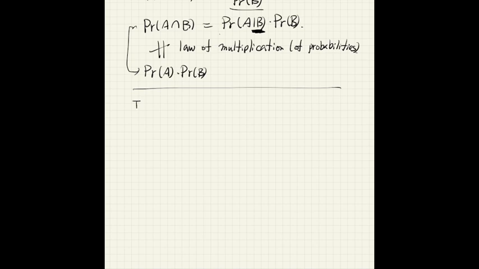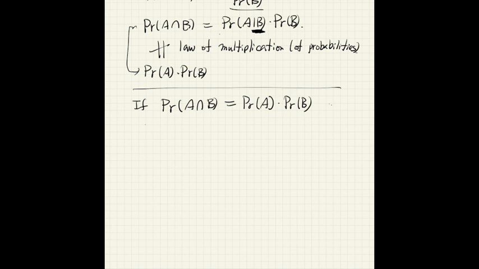So if the probability of A intersect B happens to be equal to the product of the probability of A and the probability of B, this doesn't happen always, but in some cases it happens. This holds.